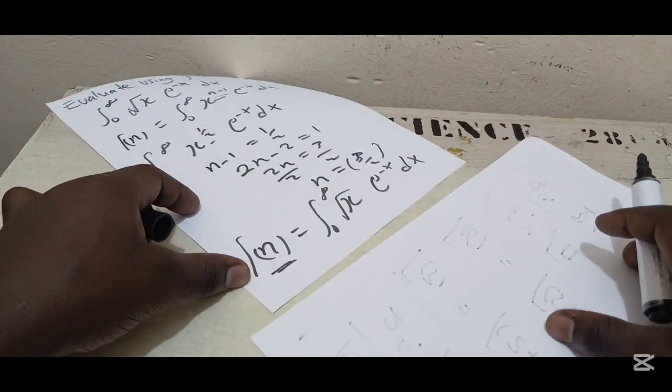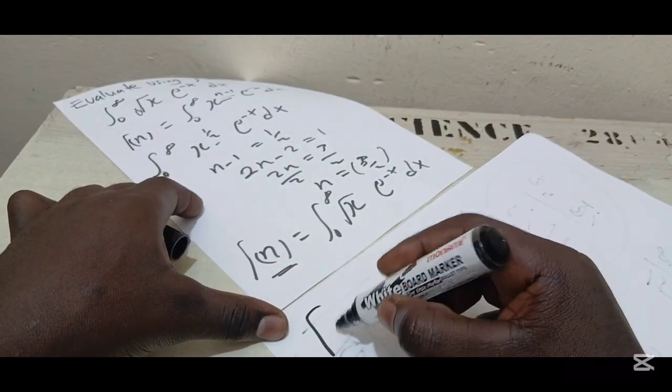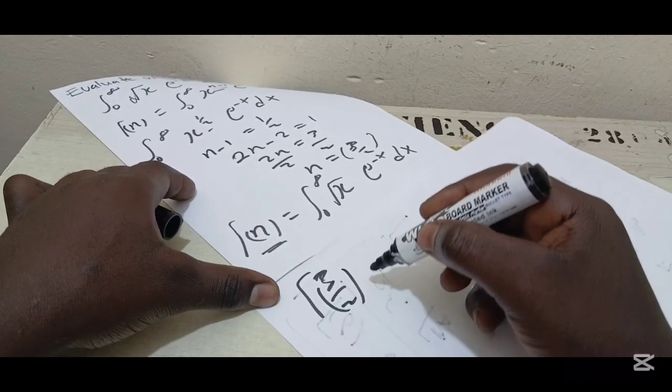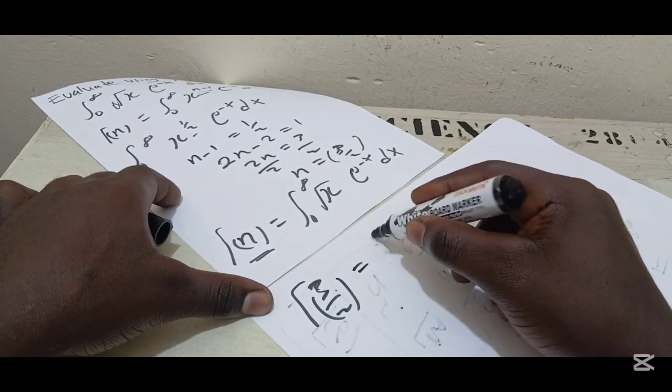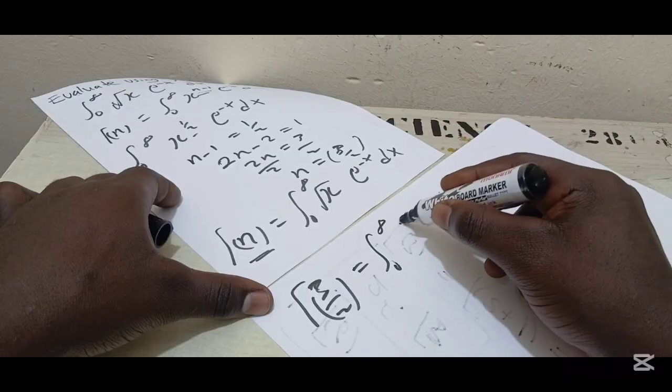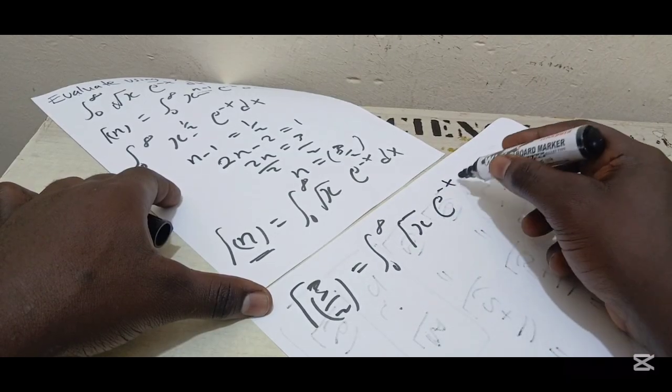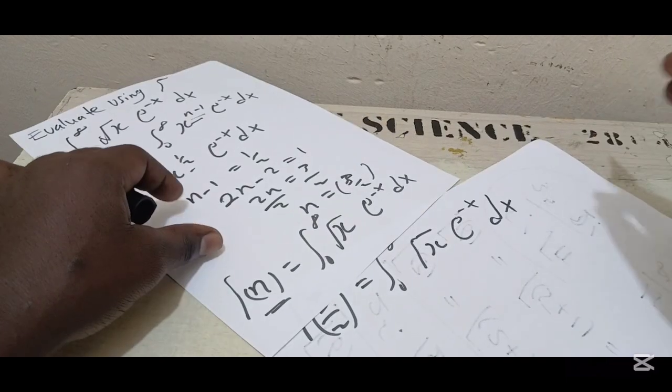So gamma 3 on 2 equals the integral from 0 to infinity of square root of x e to the power minus x dx.